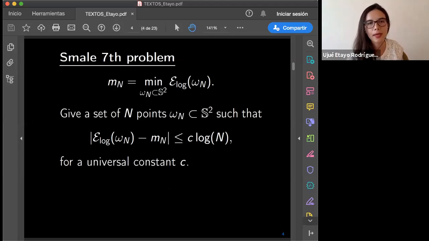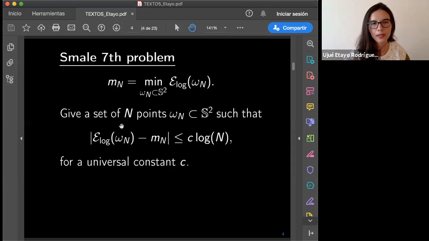Okay, so this is going to be Mn, and Smale's seventh problem asks us to give a set of n points, and he's not asking for minimizers of the logarithmic energy, as I was doing in the previous slide. He's asking for points that are close enough to minimizers of the logarithmic energy. And this close enough is written down specifically in this way.